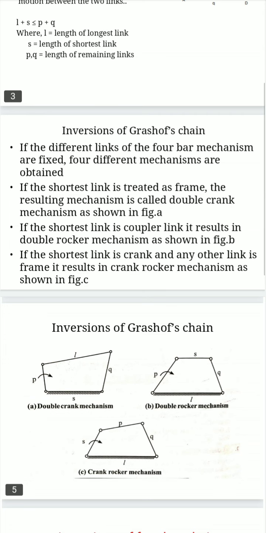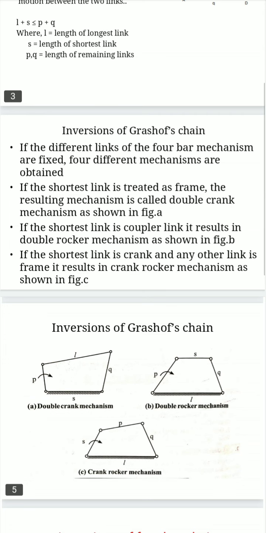If you consider the shortest link as the frame, it is possible to convert rotary motion into rotary motion. As you can see in figure A, if S is fixed, when P rotates, Q will also rotate. This is the double crank mechanism.